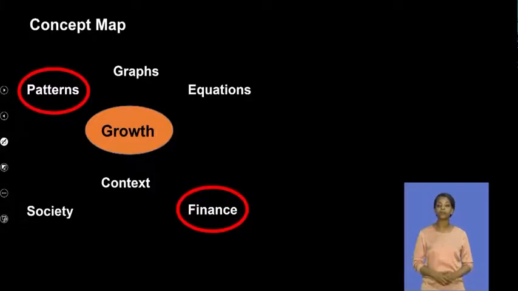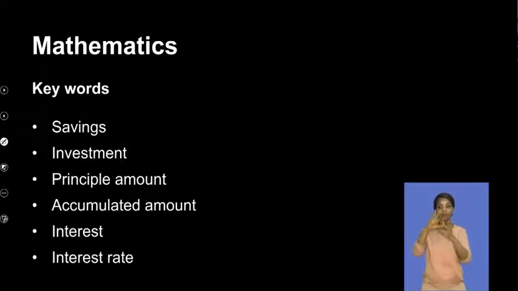Now remember, our big idea is growth, and then we're looking at patterns under growth. In particular, now we're going to look at finance. The keywords that you need to think about will be the concept of savings.